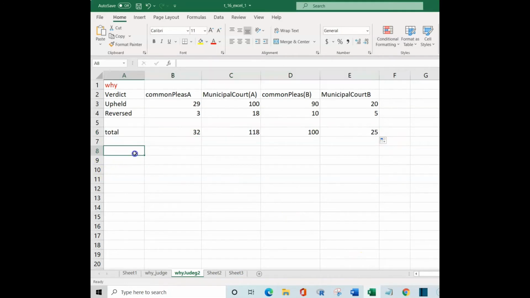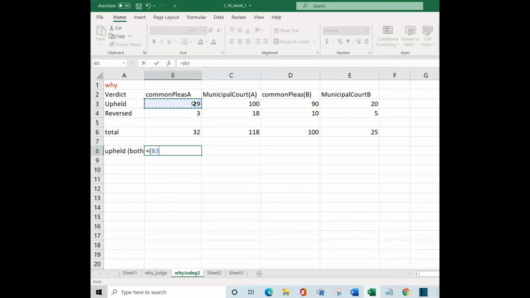Okay, so let's look at the successful rate, both. The success rate for common pleas. Common pleas is simply for Judge A, successful upheld number, plus B. So 29 plus 90 belong to the same court, divided by total, right?